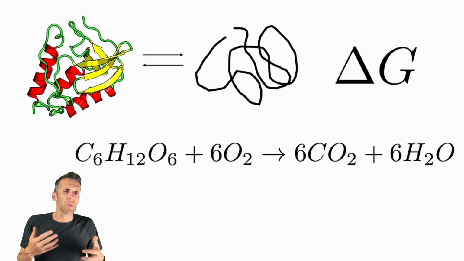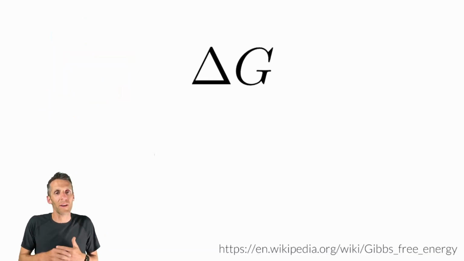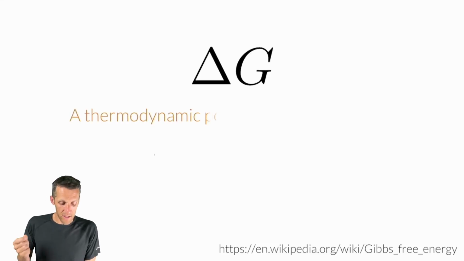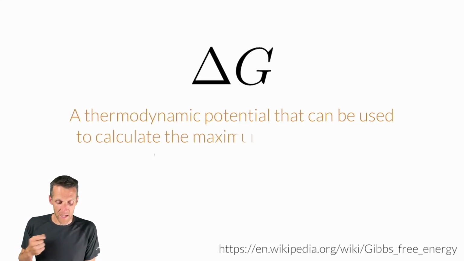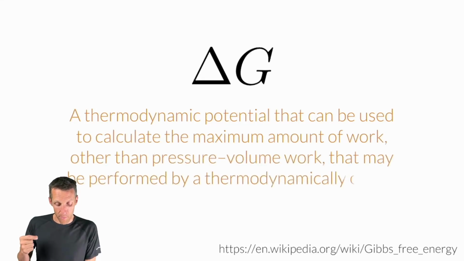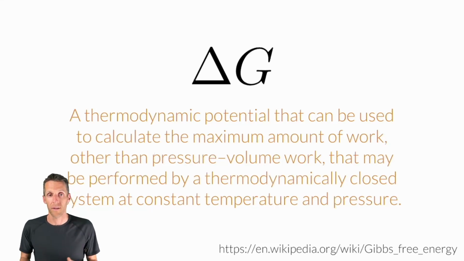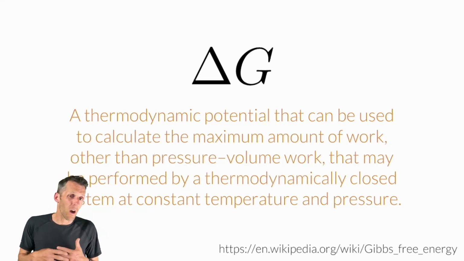But if you start trying to poke around online, maybe look at Wikipedia, the information is correct, but maybe difficult. This is the Wikipedia definition: that it's a thermodynamic potential that can be used to calculate the maximum amount of work other than pressure volume work that may be performed by a thermodynamically closed system at constant temperature and pressure. And this is correct.